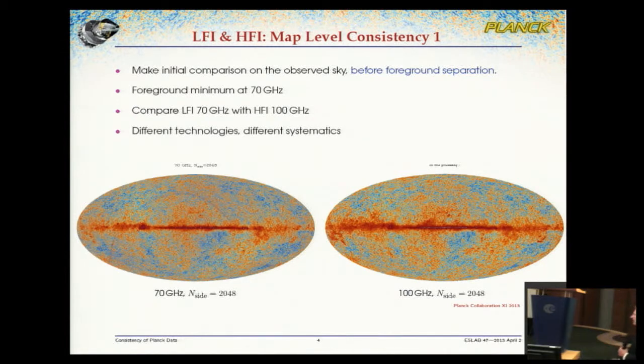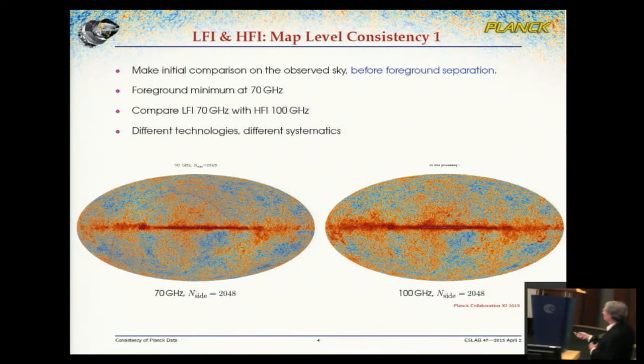Let's start at the map level. Now, we're going to do this before component separation, because it's the most general possible way to do this, before a lot of other processing. The foreground minimum is at 70 gigahertz, as you have seen.